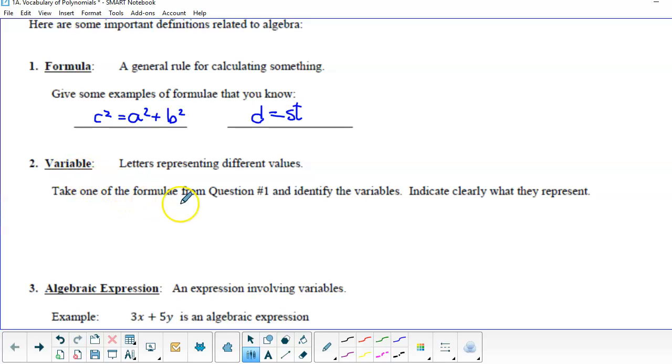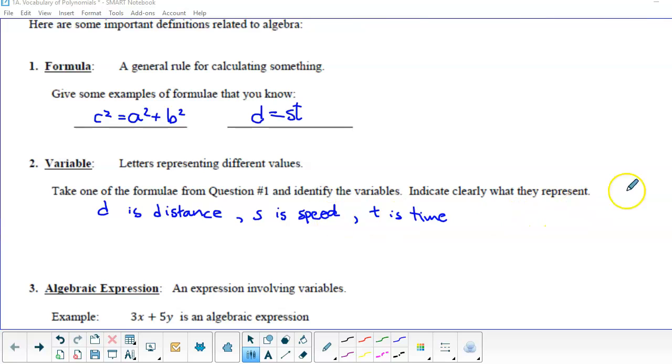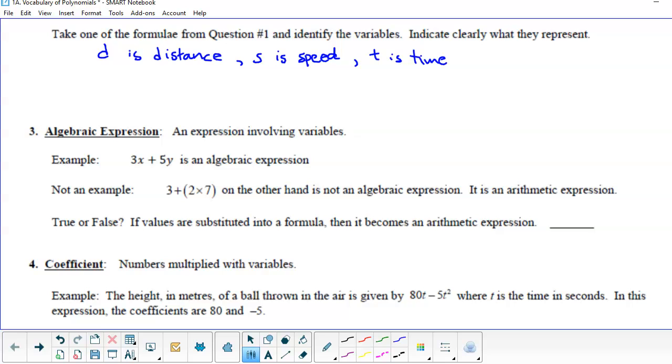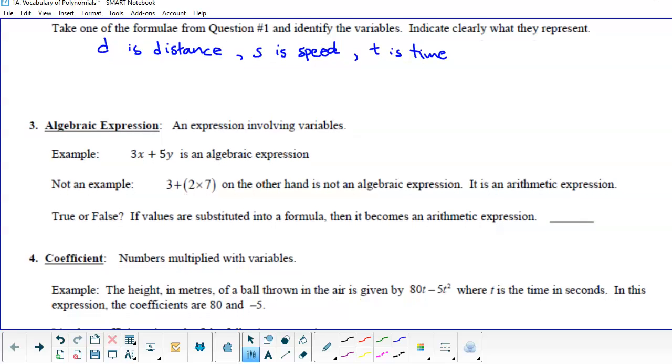It says take one of the formulas from question 1 and identify the variables. Indicate clearly what they represent. Okay, so I chose the second equation. D is the distance, S is speed, and T is time. So in order to calculate a distance, you need to know the speed that you are traveling, and you multiply it by the time.